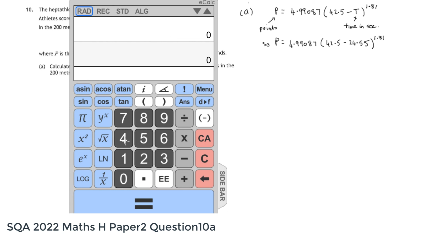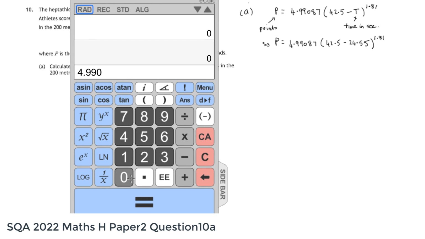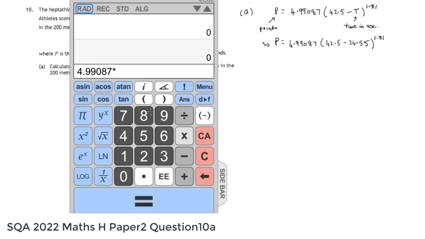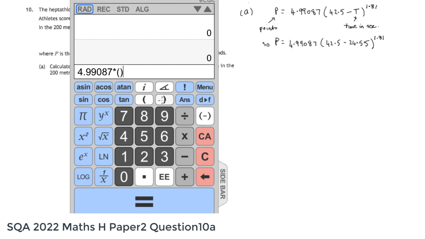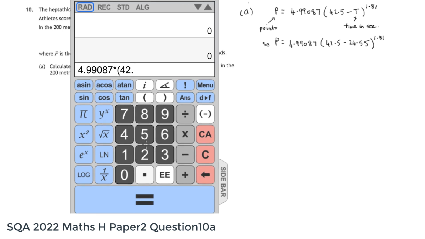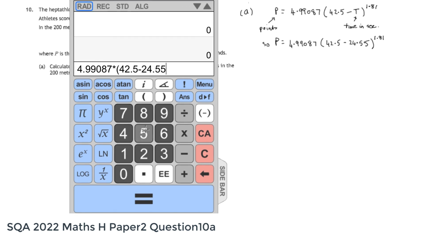So it's 4.99087 times, and brackets go down, and inside the brackets we've got 42.5 minus 24.55, and we're raising that.